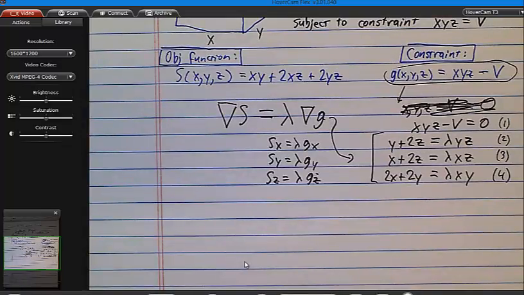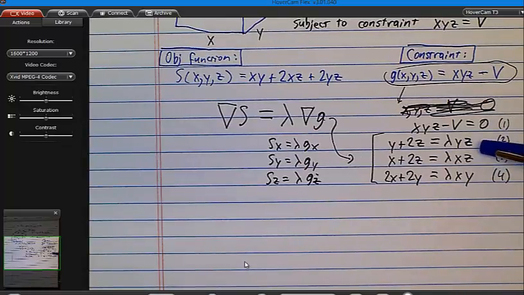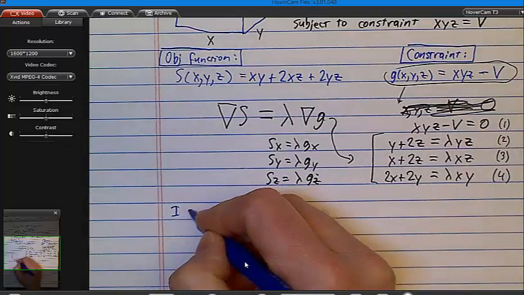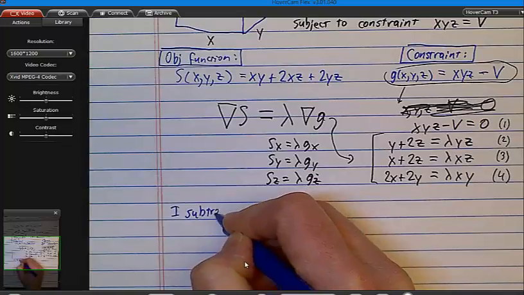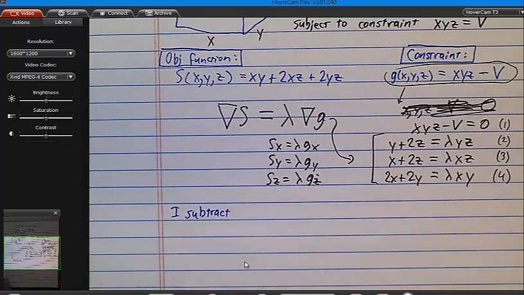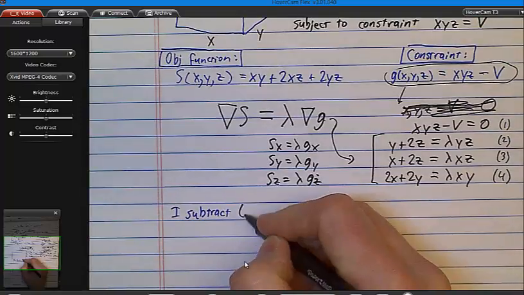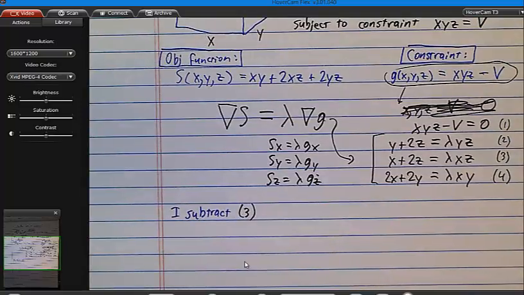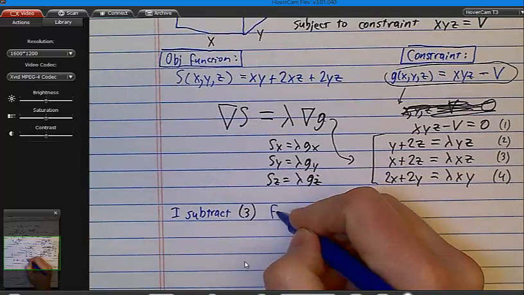Why don't we look at equations 2 and 3, because I notice they're very similar, right? So let me subtract them. So I subtract equation 3 from equation 2.